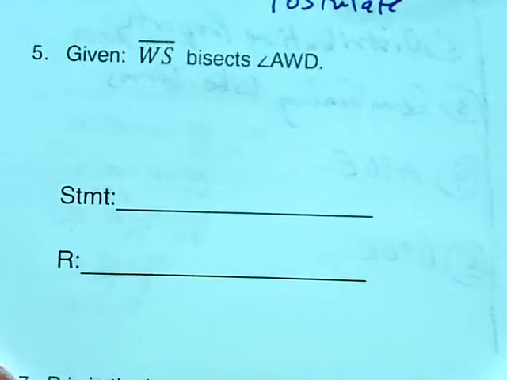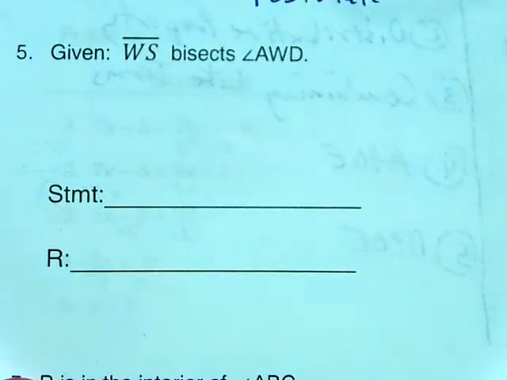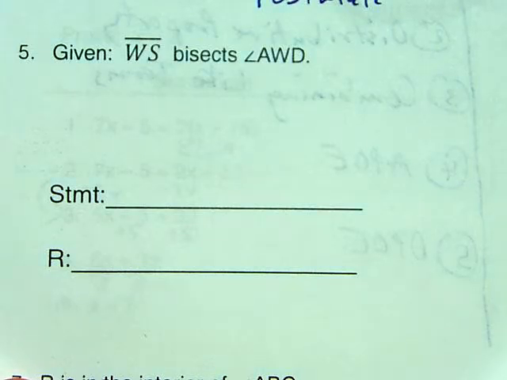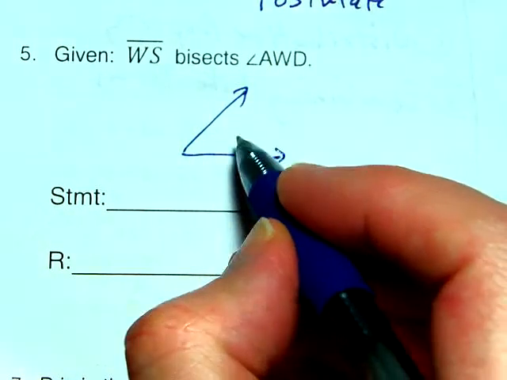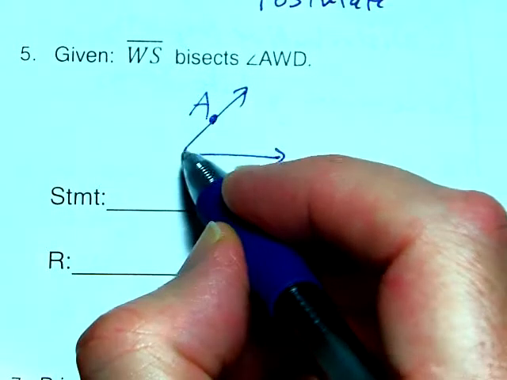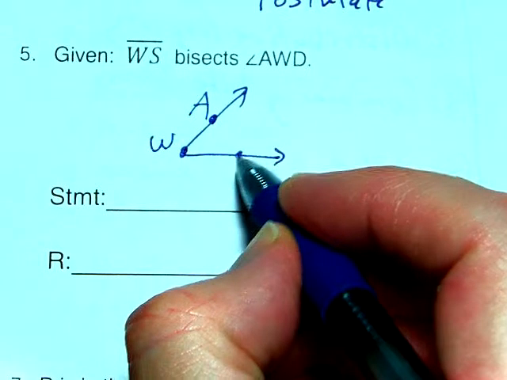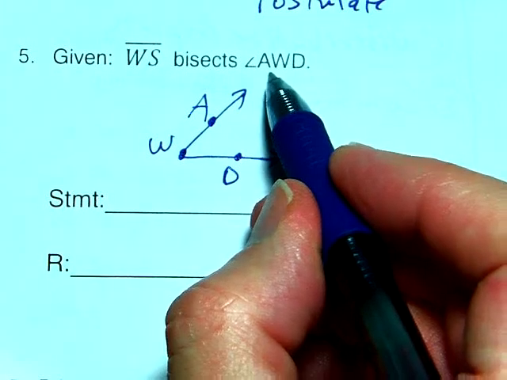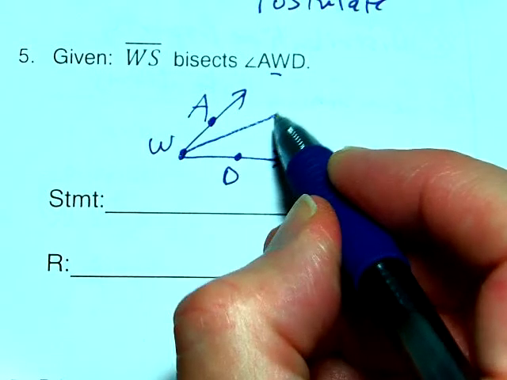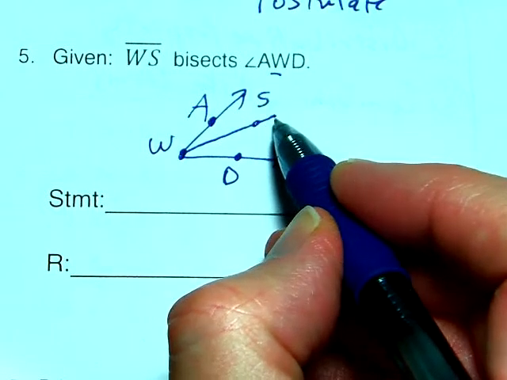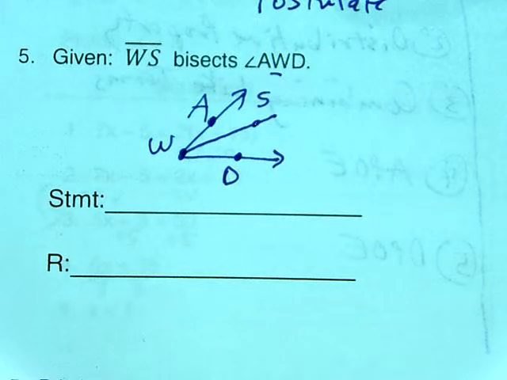Number 5, given that line segment WS bisects angle AWD. So let's draw and sketch out AWD. Remember, the vertex is in the middle, and we've got WS, which bisects AWD.